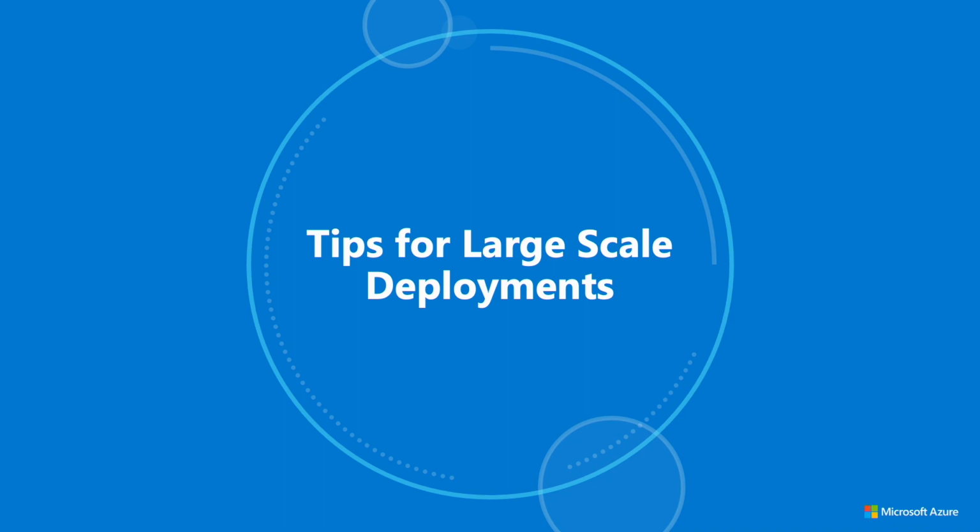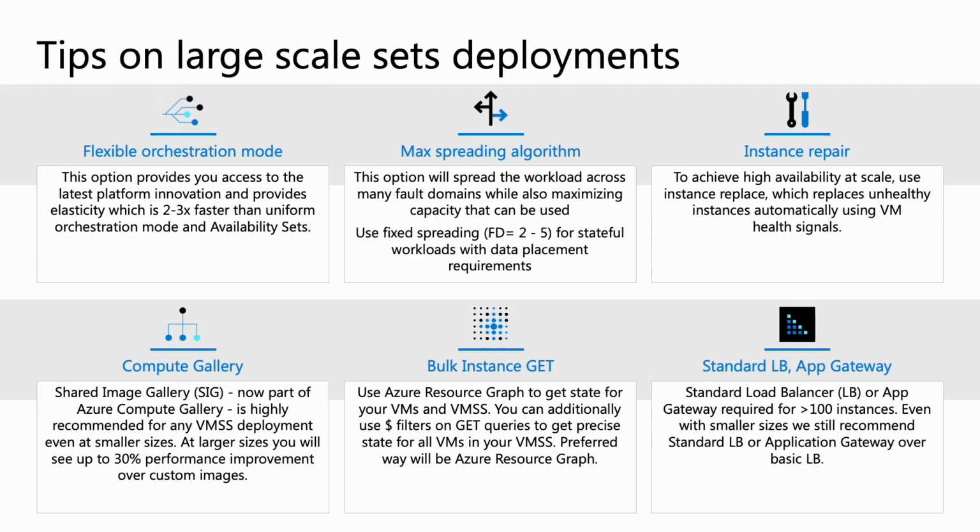Finally, we would like to highlight some useful points to keep in mind when you're designing your large scale deployments. Using the flexible orchestration mode for your VMSS and deploying with compute image gallery, as well as max spreading algorithm, will help you achieve high scalability and better performance.